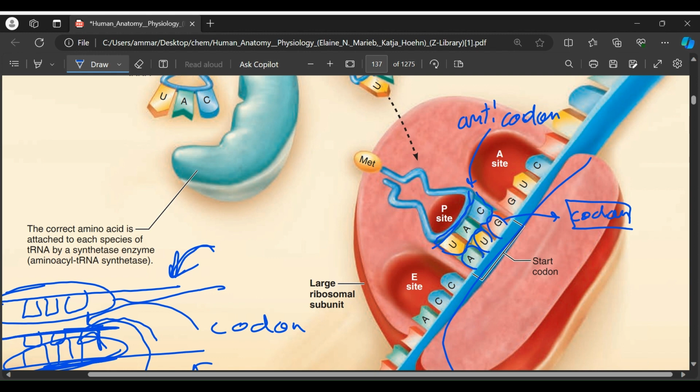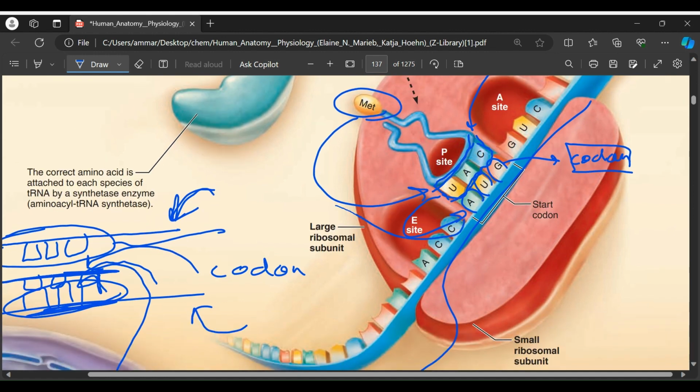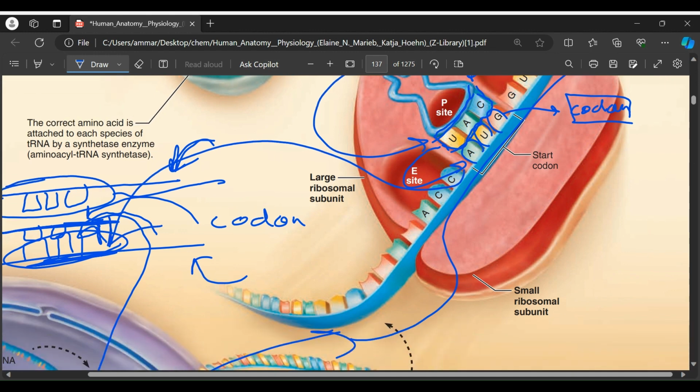It will be attached to the anticodon from one side and from the other side to the amino acid that is complementary to the anticodon, which is complementary to the codon, which is complementary to the template DNA strand or template DNA codon, which is complementary to the coding one.